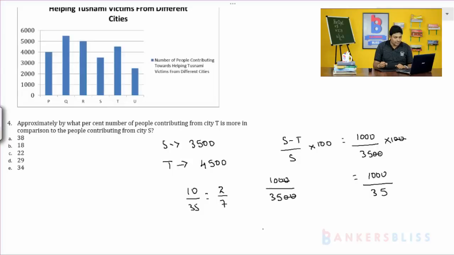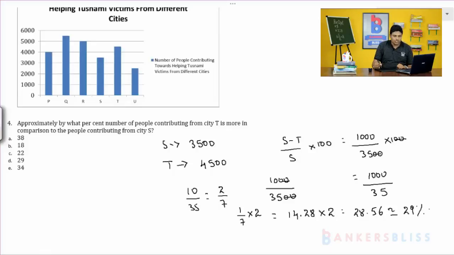So 2 by 7 can be written as 1 by 7 into 2. 1 by 7 means 14.28 percent, into 2, which is 28.56, nearly equal to 29.